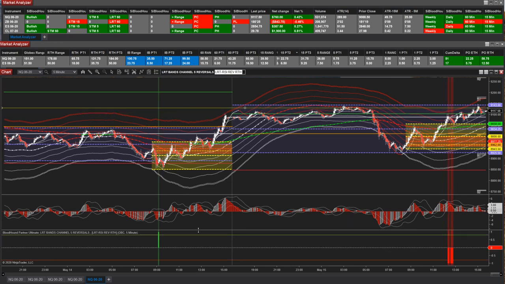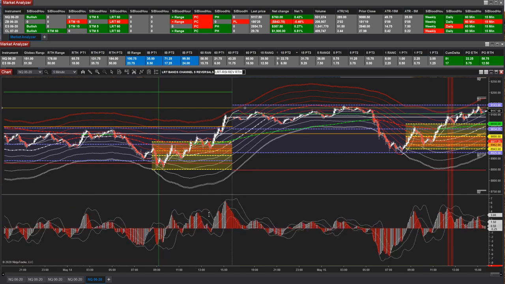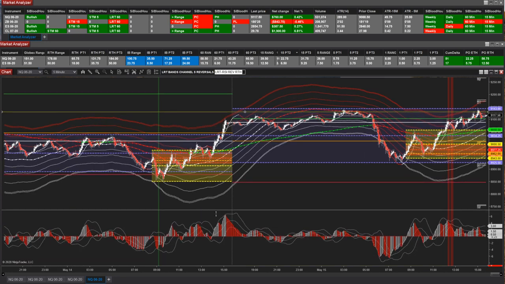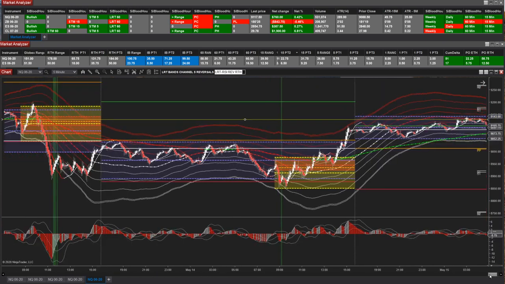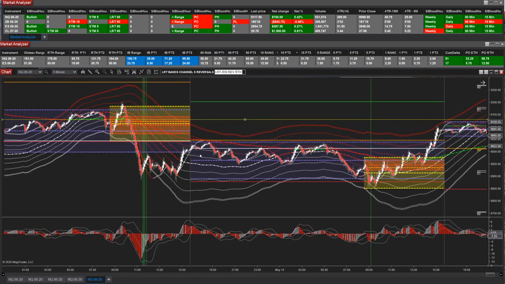So this template seeks to go to the outside of the band and come back in, and I've been very generous with the levels, trying to capture exactly what this is.